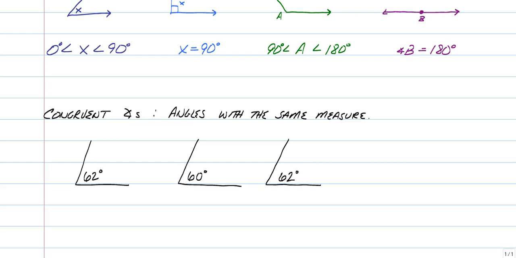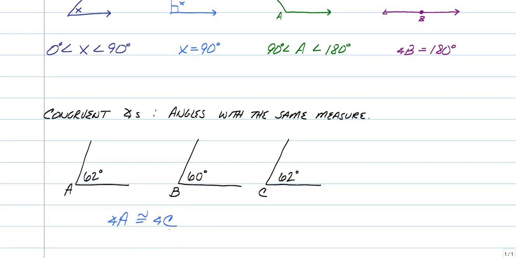So if we were to give these some names, we'll call them angle A, B, and C. There are two ways to denote congruent angles. One is just by writing it out. So we could say that angle A is congruent to, that's the congruent symbol, angle C.